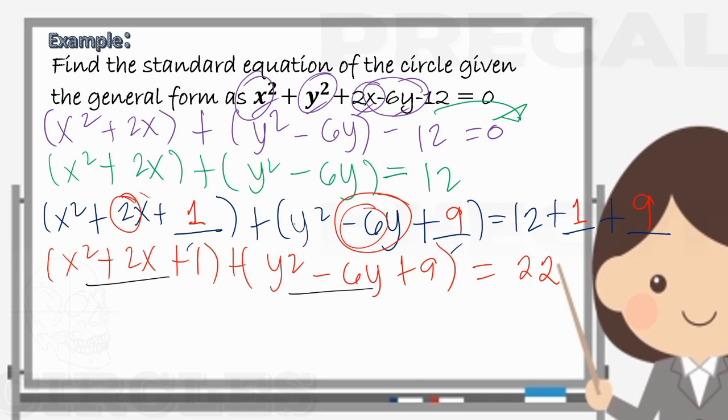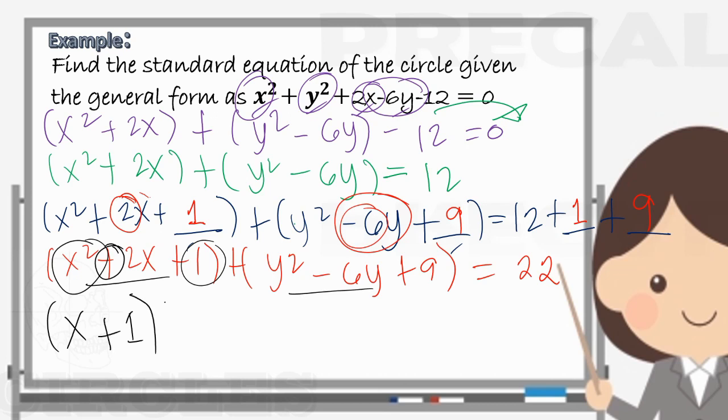So, sa paghahanap ng perfect square form ay square root ng first term and then square root din ng last term or third term. So, square root ng x squared is equal to x and then square root ng 1 is equal to 1 and then sundin lang natin yung sign ng middle term sa positive.